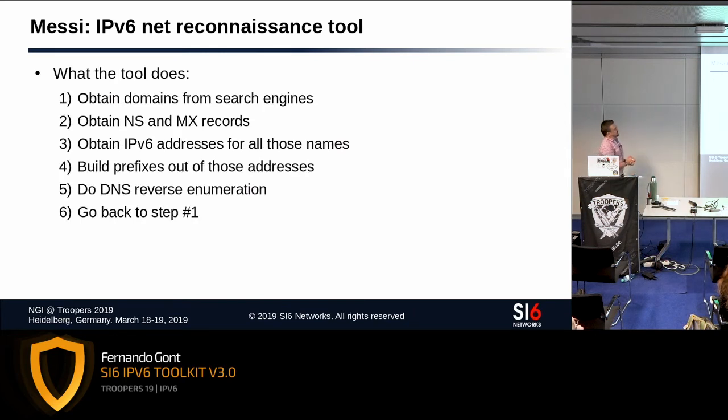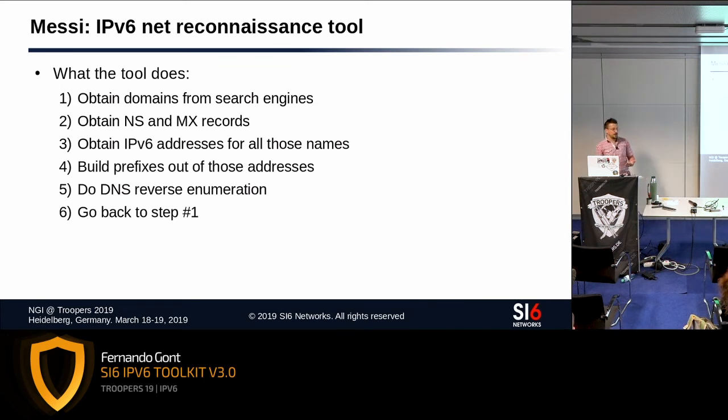So what does this tool do? Essentially, what I try to do in this tool is put many of these techniques together, okay? So that you just execute the tool, and the tool mixes the results for you.